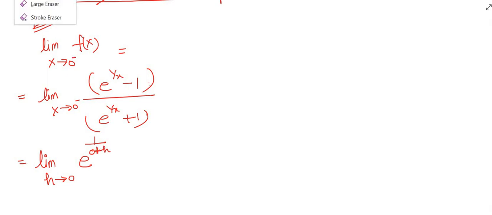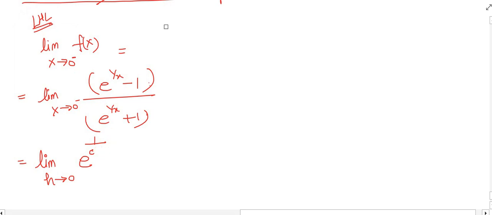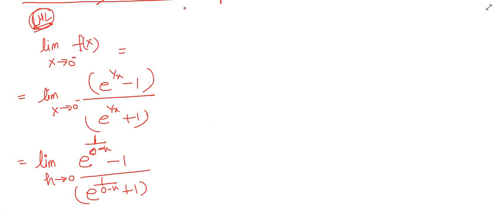Because it is the LHL. So it will be (e raised to power 1 by (0 minus h) minus 1) by (e raised to power 1 by (0 minus h) plus 1). Till here, I hope it's fine. Now what can we do?